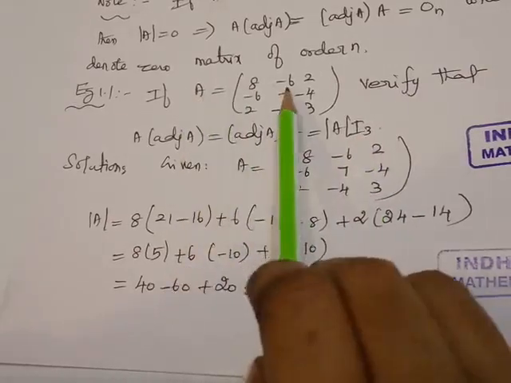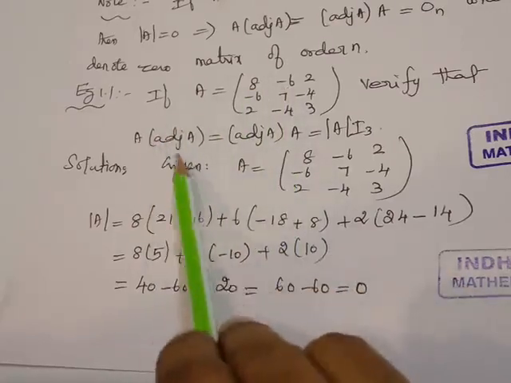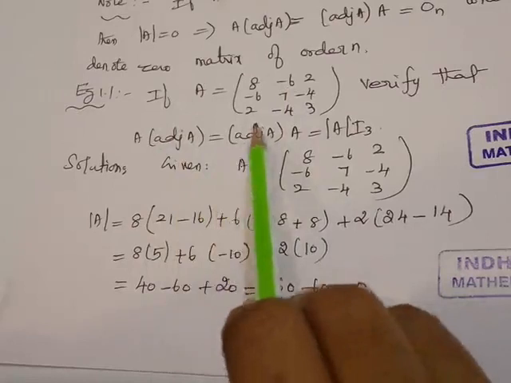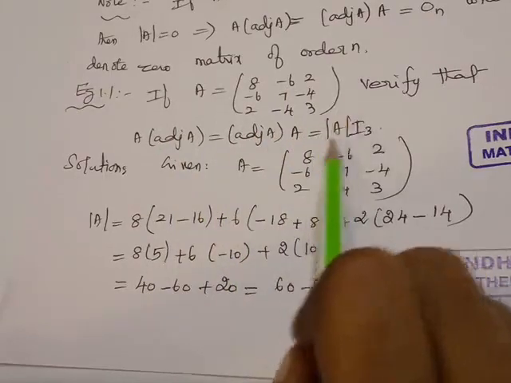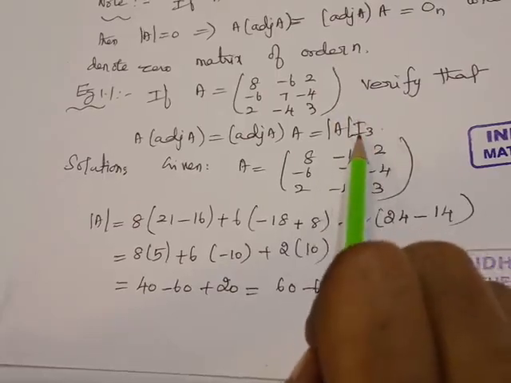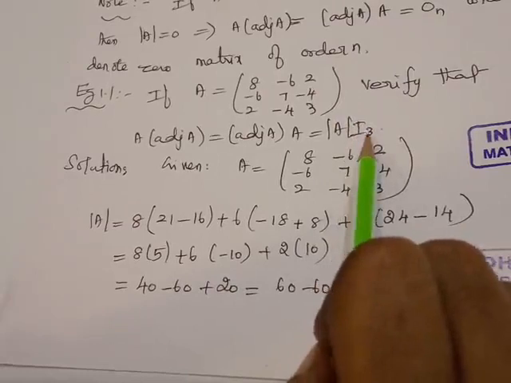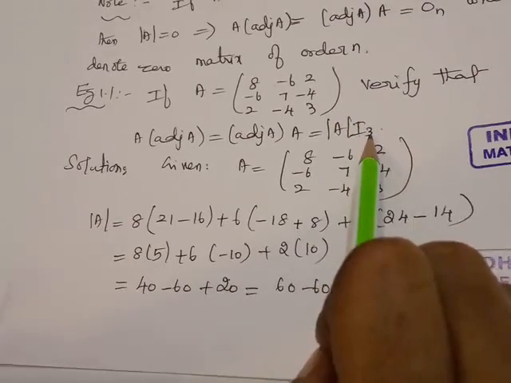Given matrix A, we have to verify A into adjoint A equal to adjoint A into A is equal to determinant A into I3. I3 is nothing but the identity matrix of order 3, or unit matrix of order 3.